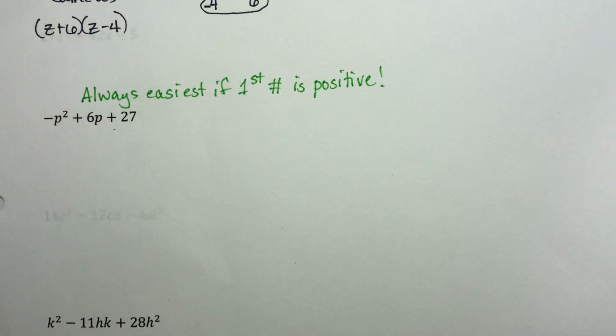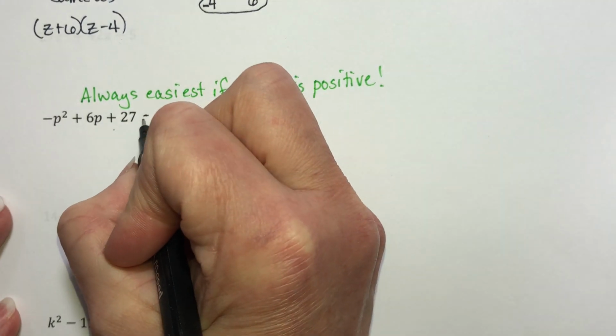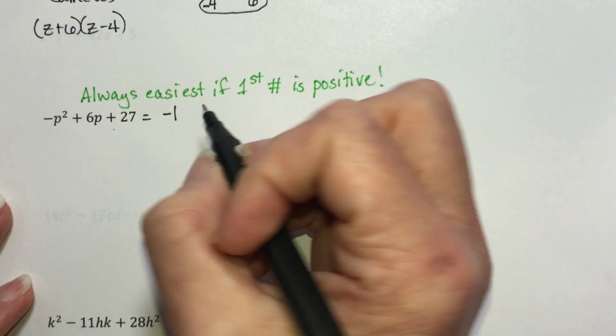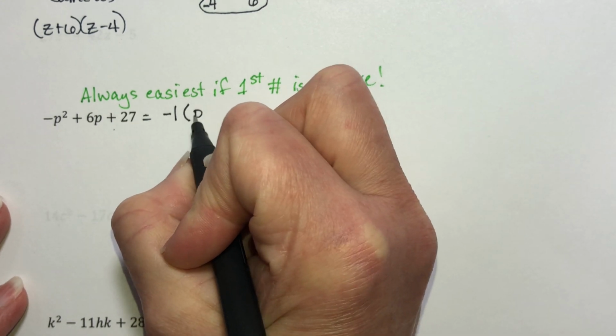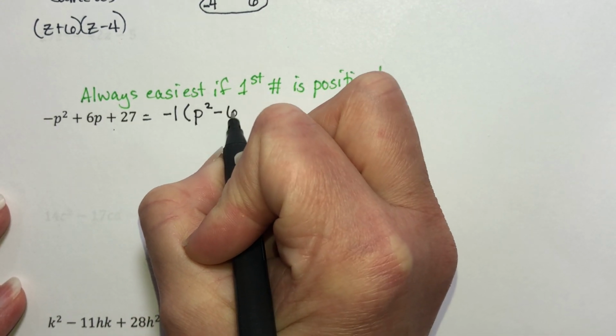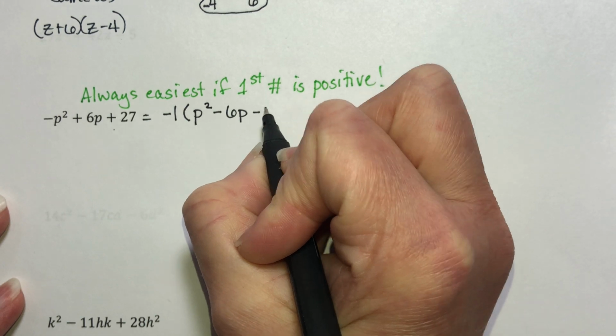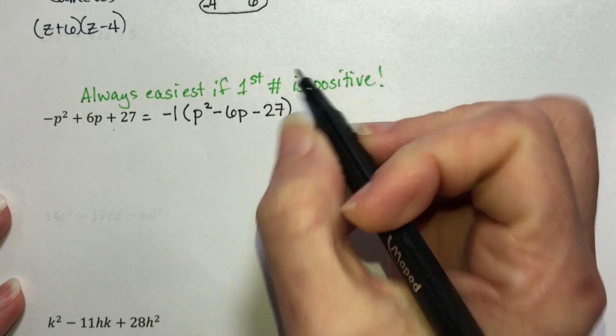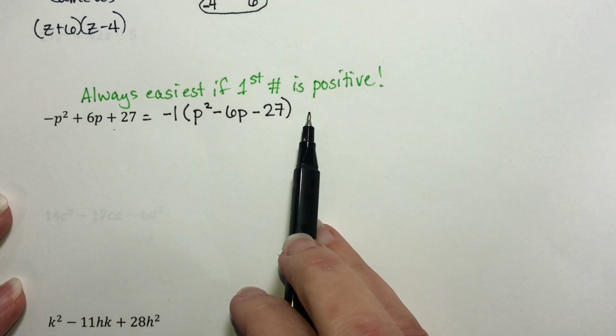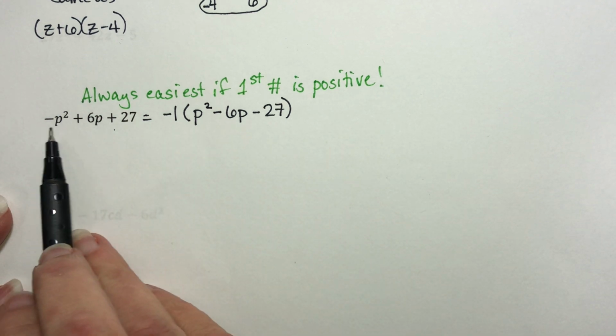What we can do is we can factor out a negative 1, which basically just changes the sign of everything. If I factor out a negative 1, what I will have left is p squared minus 6p minus 27. If you think about distributing that through here, it's going to give you this back.